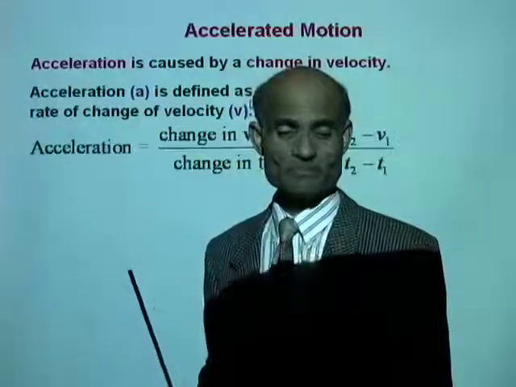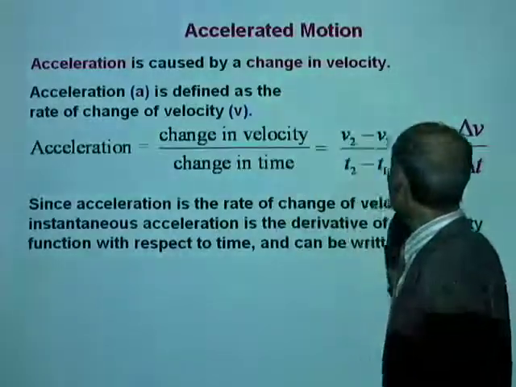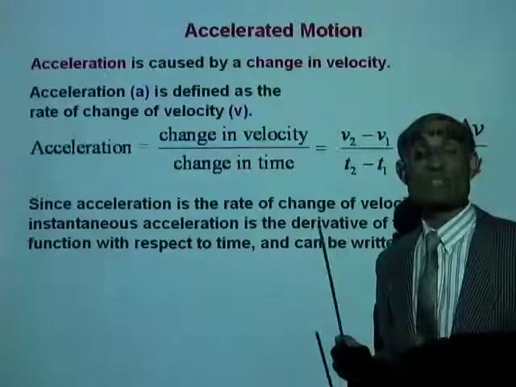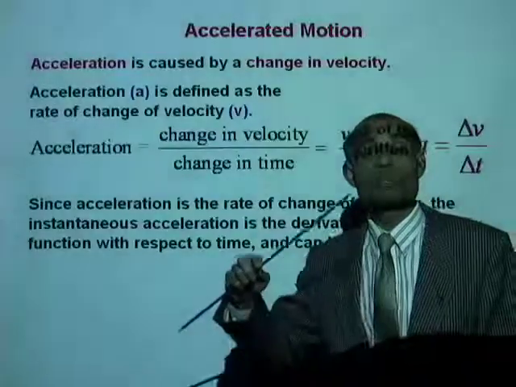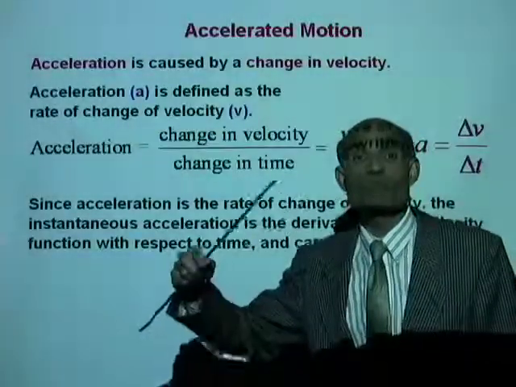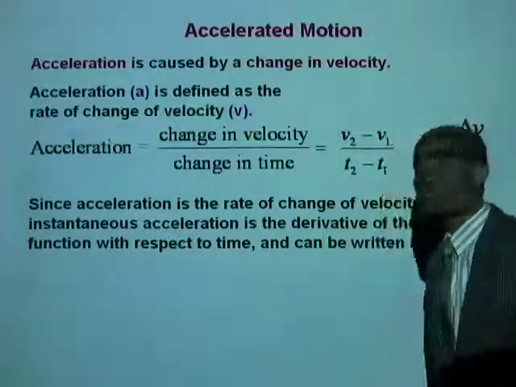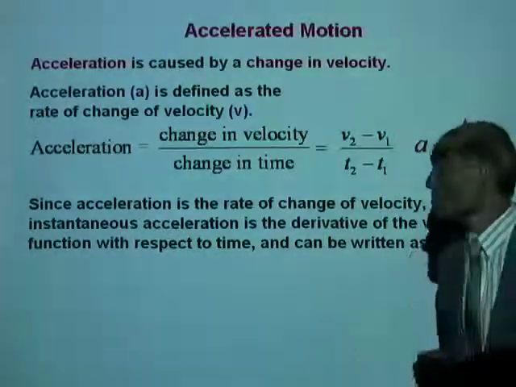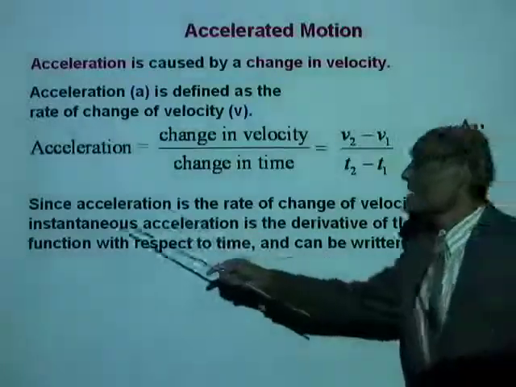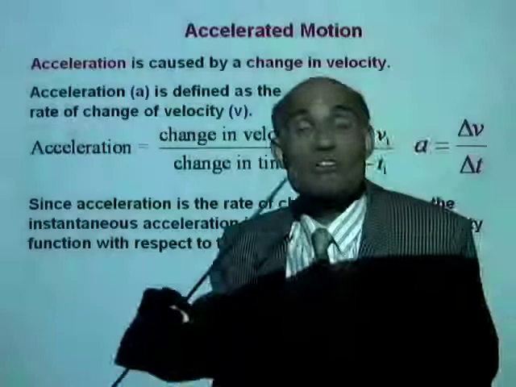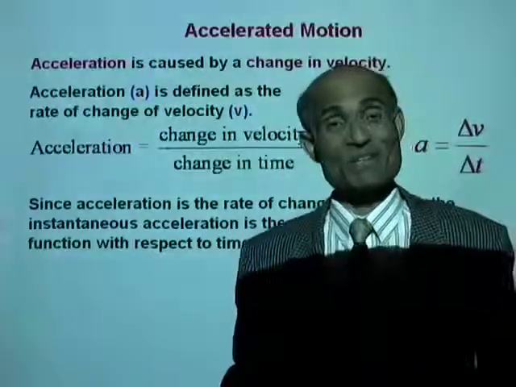Okay. Well, acceleration a is equal to delta V divided by delta T. Acceleration is the measure of the rate of change of velocity. Now, since acceleration is the rate of change of velocity, can you tell me how you find the instantaneous acceleration?